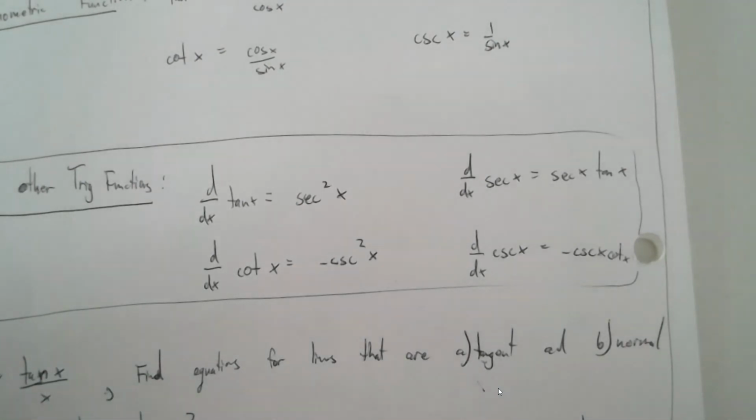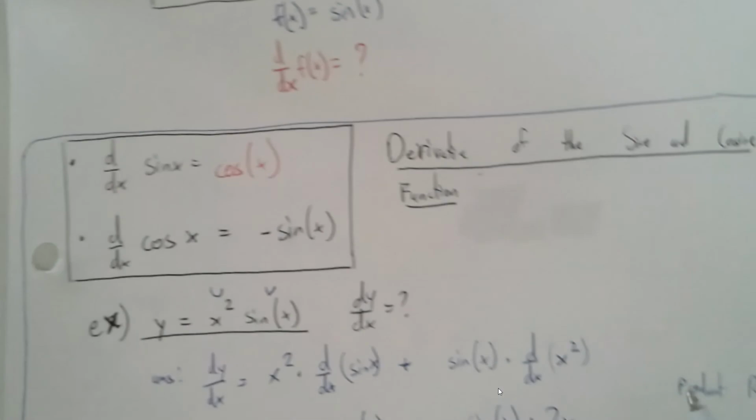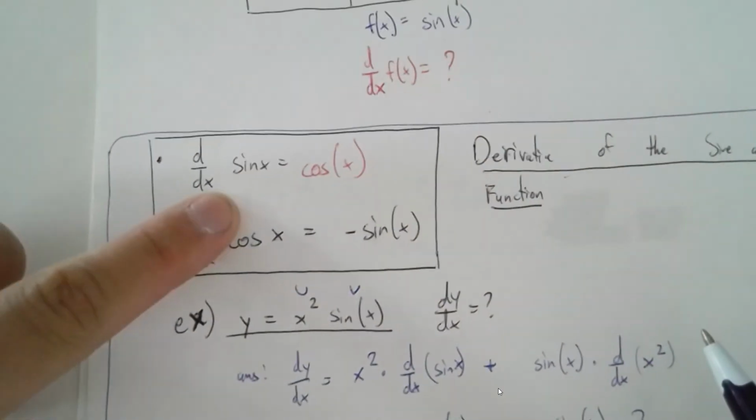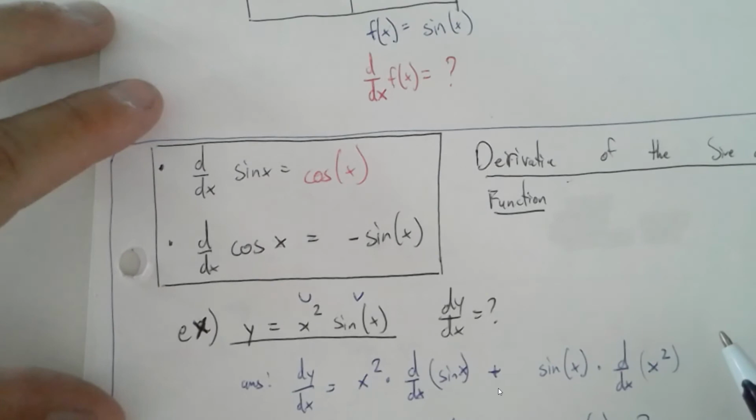I have a question. I was going back a little bit. Earlier you were talking about the derivative of sine and cosine. On the notes you wrote down that the derivative of sine of x is negative sine of x, and that the derivative of sine of x is cosine of x. Correct. But I was just kind of confused because we were looking at the graph of sine of x, and it looks like it was negative.